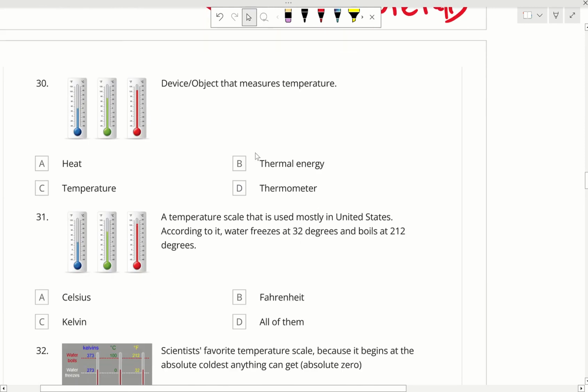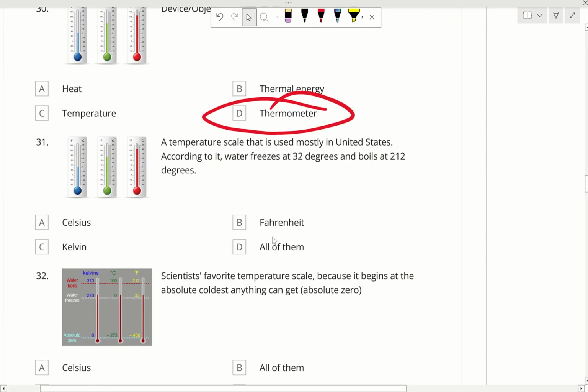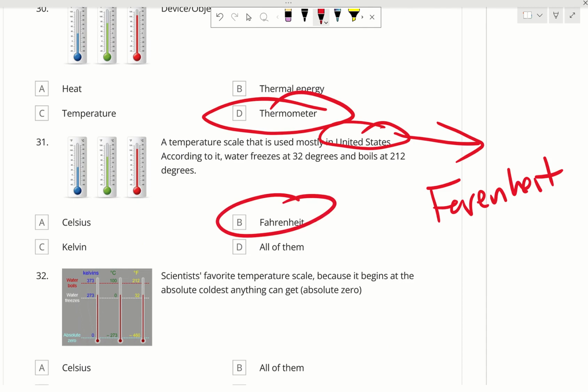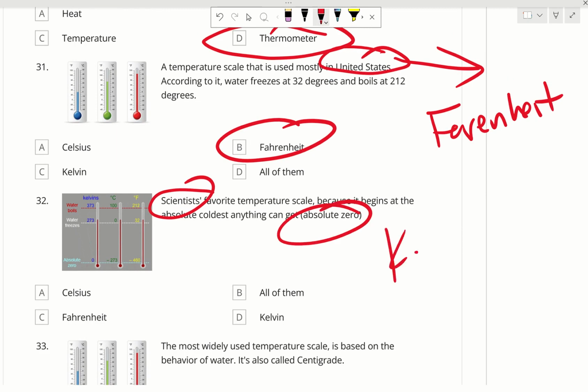A device that measures temperature is called a thermometer. A temperature scale that is used mostly in the US: in the US, they use Fahrenheit. Another temperature scale that scientists use, because it begins at the absolute coldest anything can get: when you see scientists or absolute zero, they like to use Kelvin.